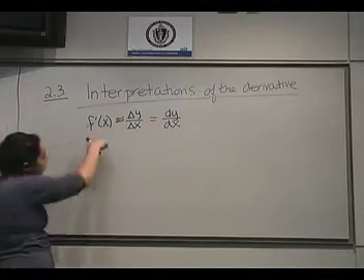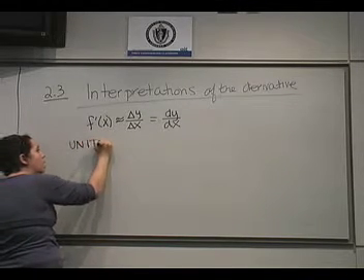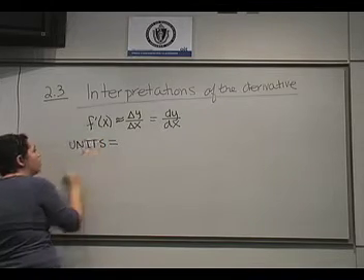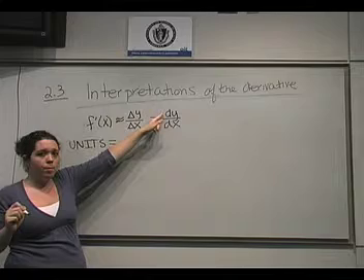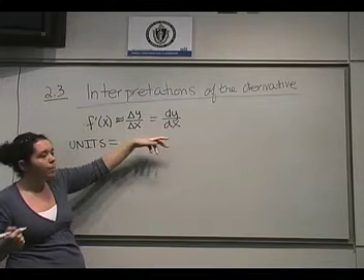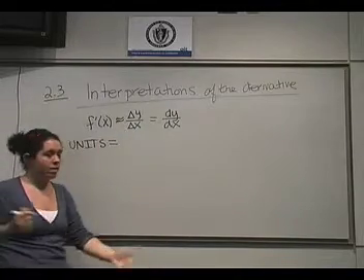Okay, so the units of a derivative. The units are going to be the units of the dependent variable, which is usually y, but will be other things that we'll look at, over the units of the independent variable.